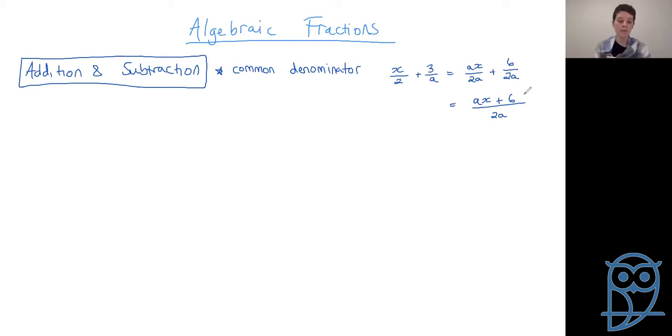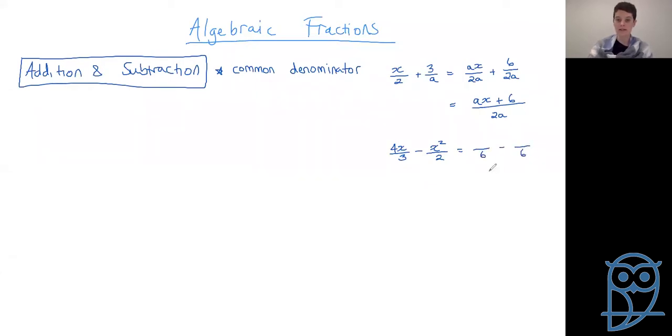Same thing would happen for subtraction. You would need to get that common denominator. So for example, if we had 4x over 3 minus x squared over 2. This one's slightly more familiar because both of your denominators are numbers. So what would you use for 2 and 3? You would use a 6.